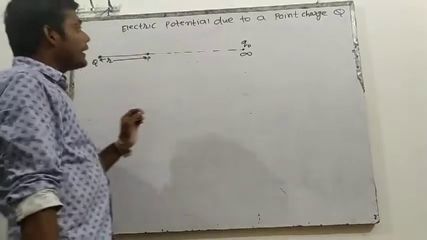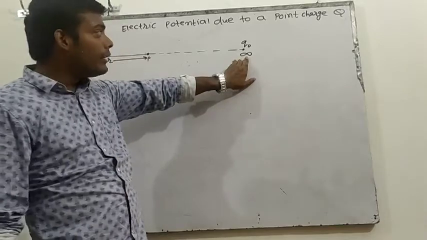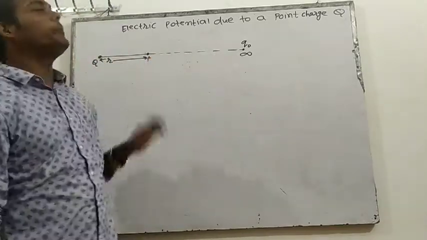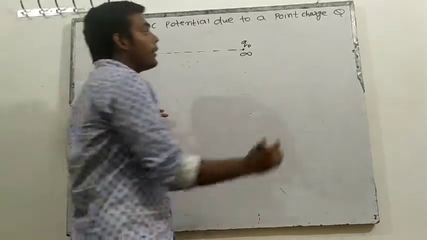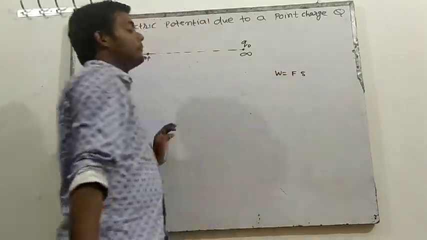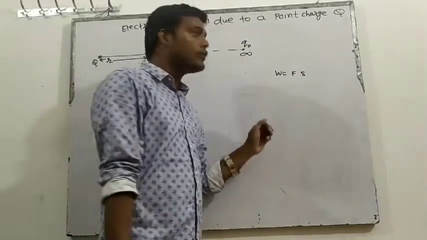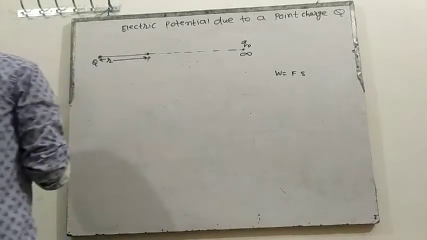Now if I find the work done in bringing this test charge from infinity to P, it is impossible to find. Why? Because work done is equal to force into displacement, and how much force will act, we don't know.